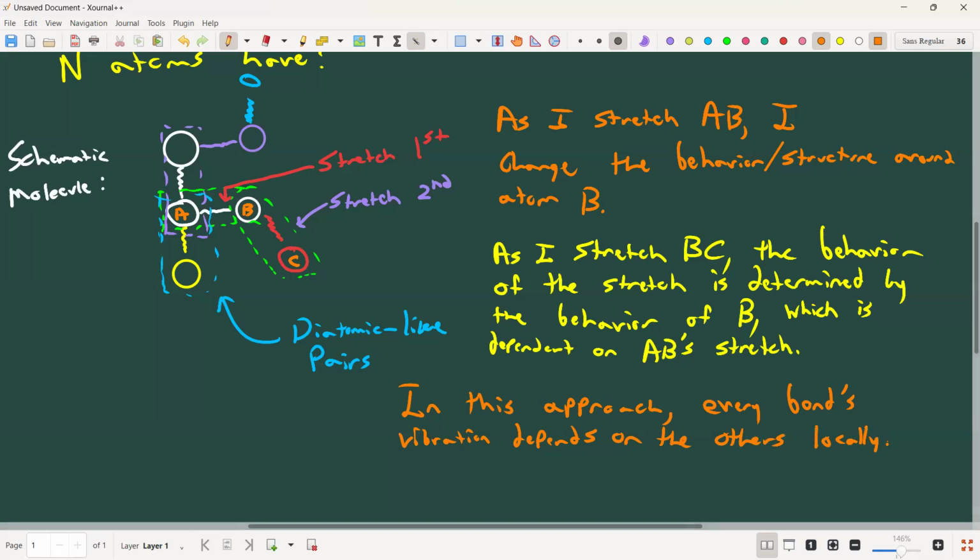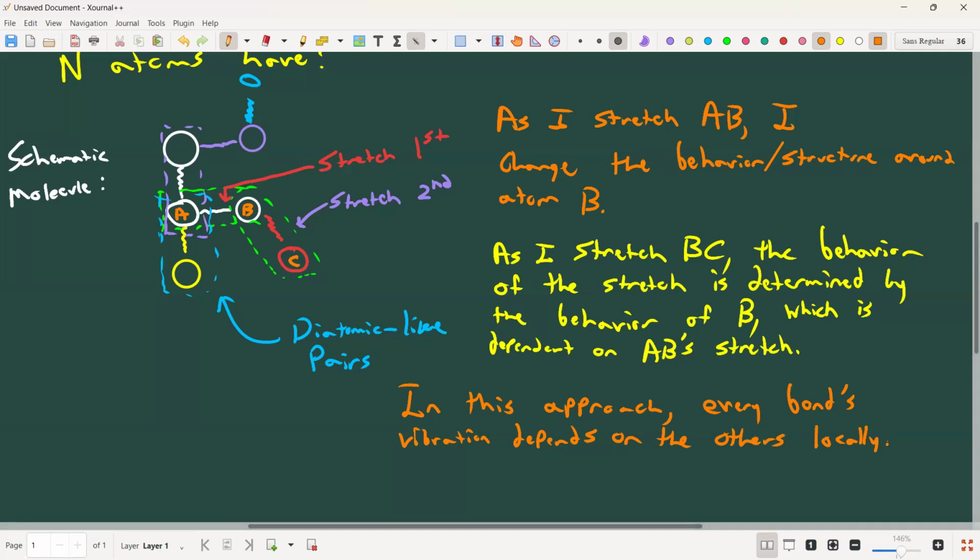Now, I could change B and C, and then think about this bond way up in the far top, the blue one. You can make an assumption that, well, they're fairly far apart, so they probably don't affect each other. And that's generally true. There's some kind of locality.